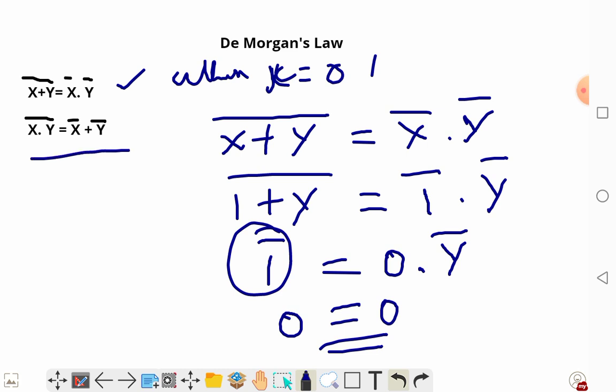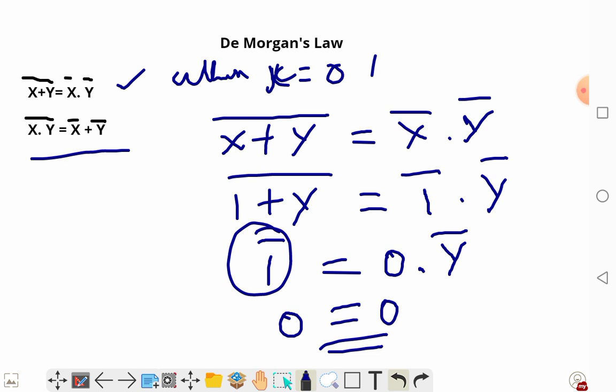We prove another law. And these are the important questions for the final exam. They can ask any expression and tell you to prove it by the perfect induction method, truth table method or the algebraic method.